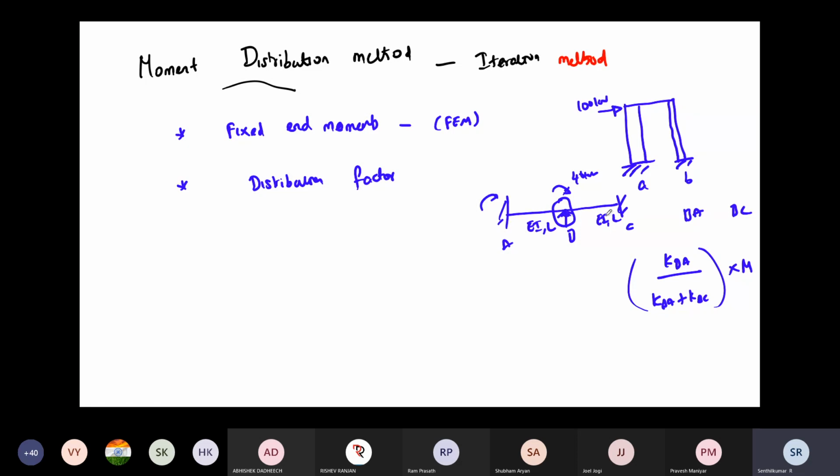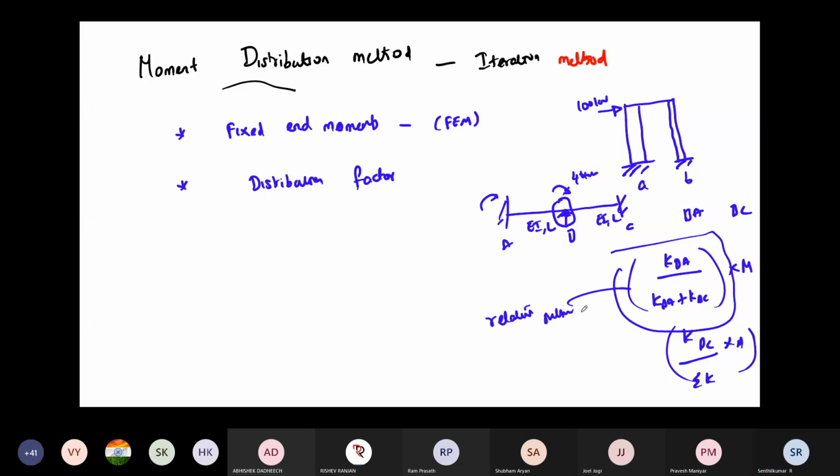To find how much moment goes to BA alone, take stiffness of BA divided by summation of K. Similarly, for BC, KBC divided by summation of K, that means KBA plus KBC. For this much stiffness, surely this much will be attracted. This term is called relative stiffness, and if you multiply it by the amount, that is called the distribution factor.